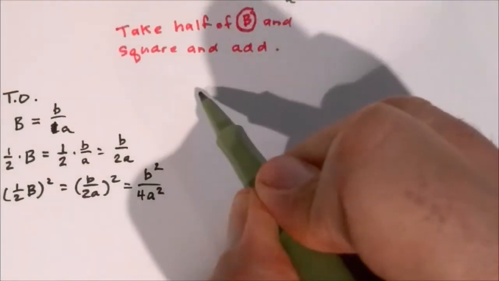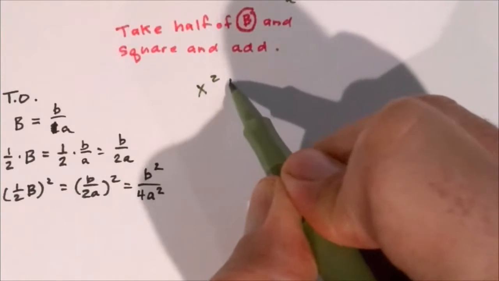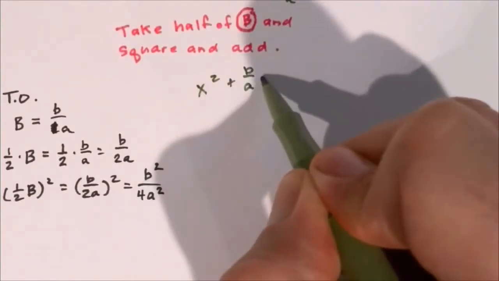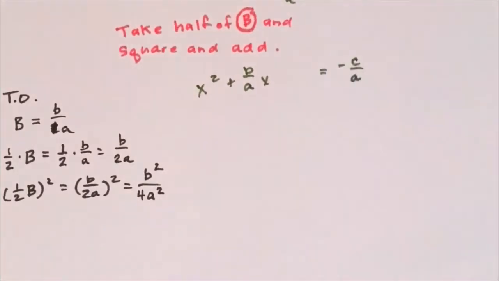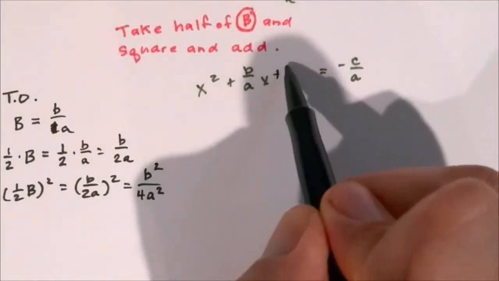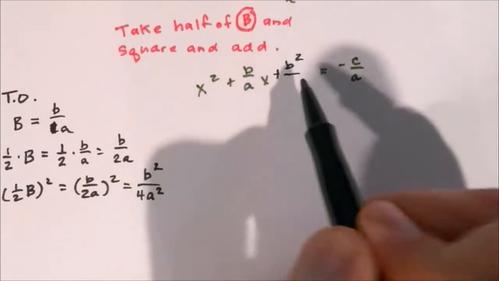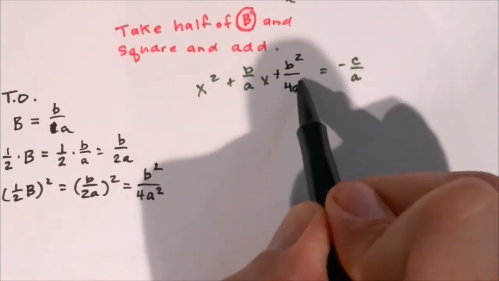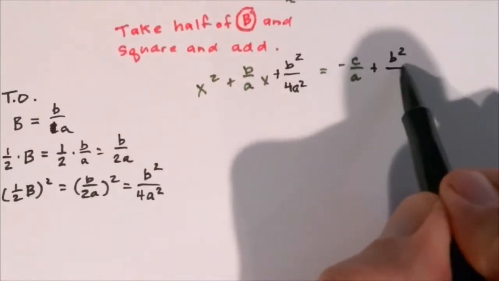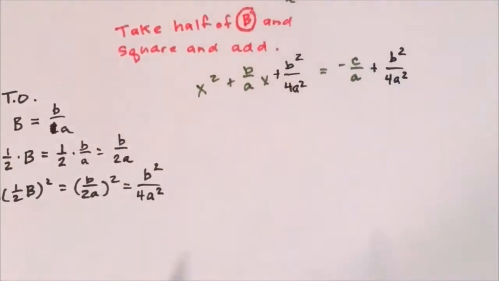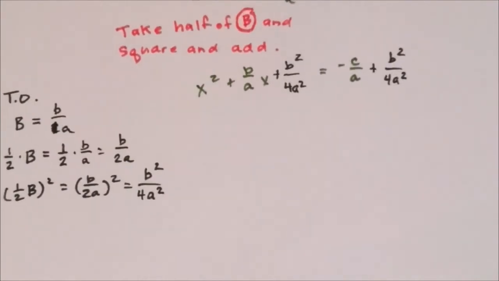So I currently have x squared plus b over a x equals minus c over a. And I am going to add b squared over 4a squared to both sides. Okay? Do you guys see that?